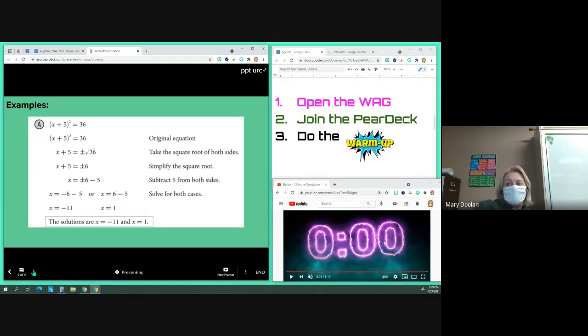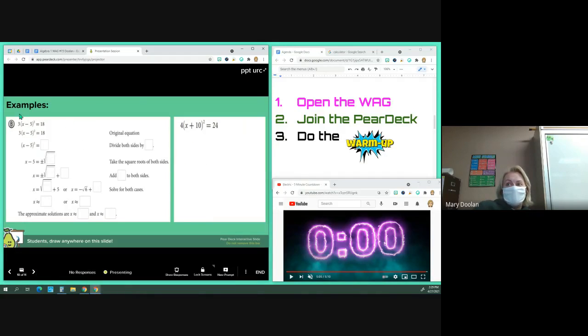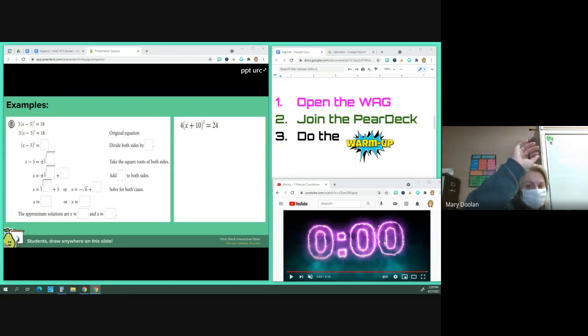Now, it could be that we have something like this on this example slide here. The problem's written twice, but 3 times (x minus 5) squared equals 18. So there's all kinds of things happening to the left-hand side of that equation. We have multiplication by 3, subtraction of 5, and there's squaring of a binomial going on.